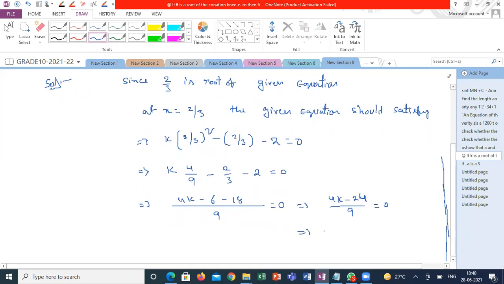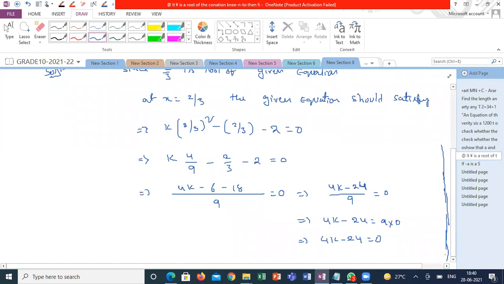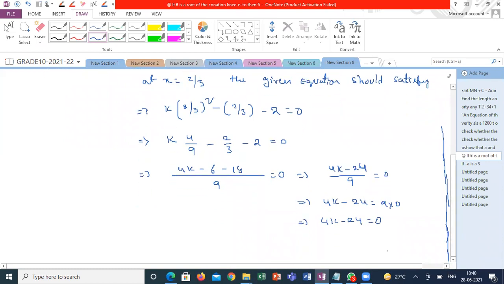Now cross multiply. 4k minus 24 is equal to 9 into 0. So 4k minus 24 is equal to 0. Clear? Each and every step? It's just a general calculation. From here 4k is equal to 24. K is equal to 24 by 4. How much? 6, sir. Now I got it, sir.